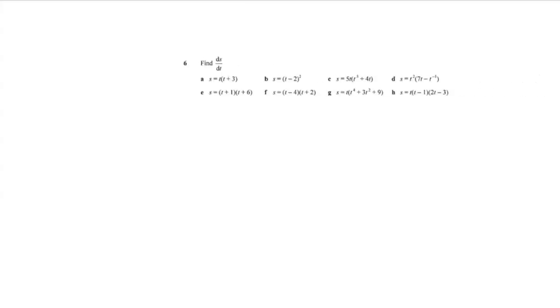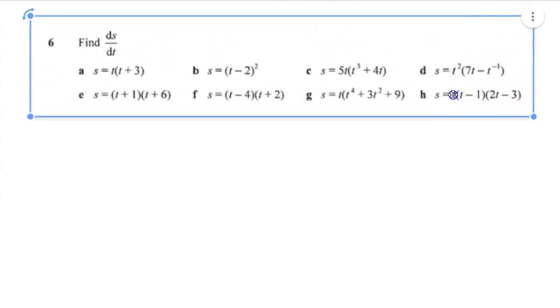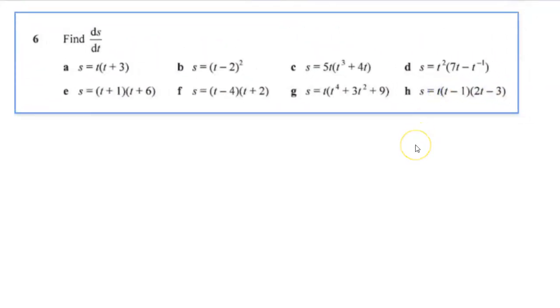Next, let's have a look at the worksheet B question number 6. I will choose one of the questions from here. So that's the worksheet B, question number 6. The question is asking you to find the ds over dt.